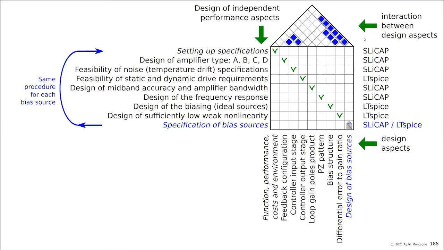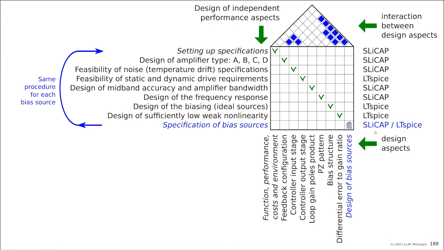If the bias specifications are not good, then there is an influence on the previous steps. This means that experienced designers, before they start designing the amplifier, already make sketches of what kind of biasing structure there will be at the end.